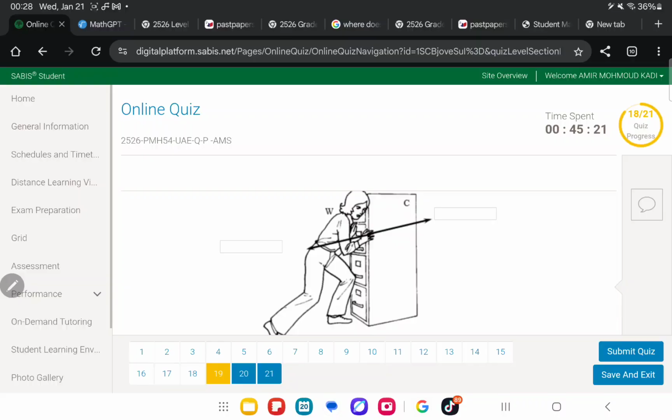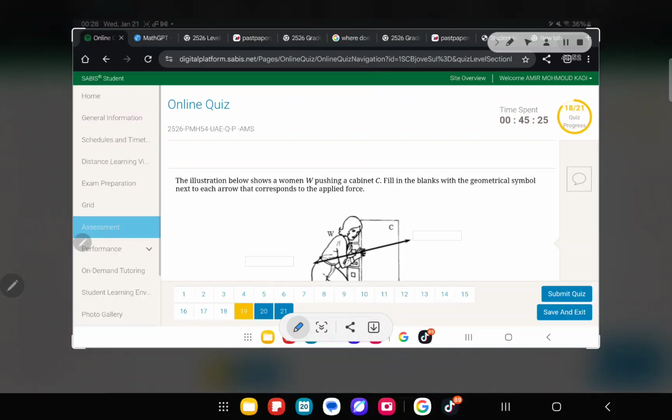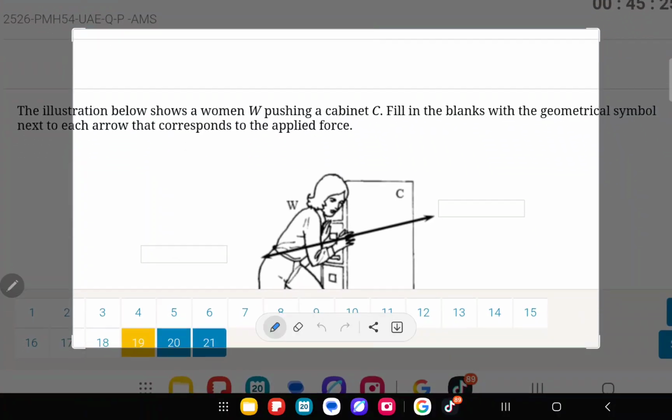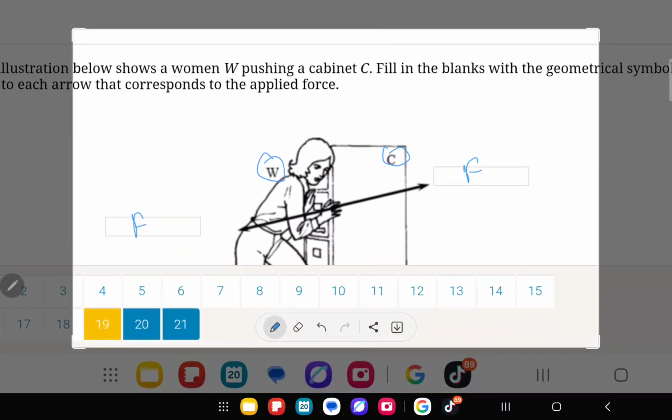Here, we should know some rule. I don't remember the name of the rule, but normally when you're mentioning Newton's third law, first you have to denote force as F in all cases, and then when there are two labeled objects, for example the woman is object W and the cabinet is object C. So you see the woman is exerting a force on C, so there's a force starting from the woman going over here, force WC.